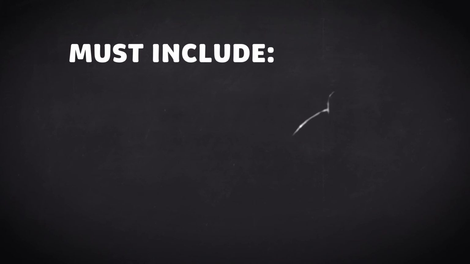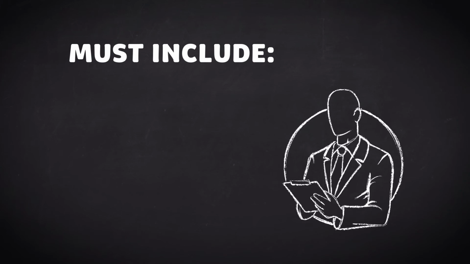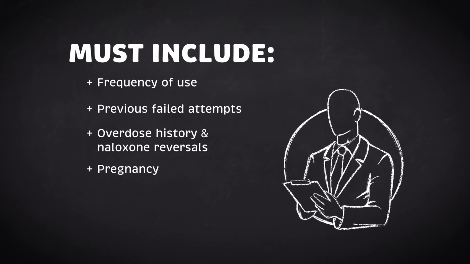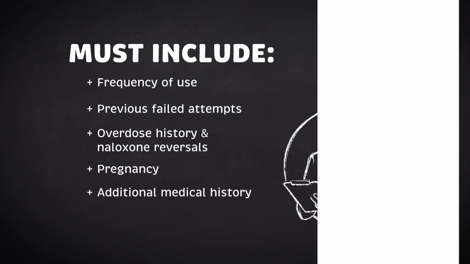Evidence to include to help it get approved would be the amount and frequency of use, failed attempts at treatment, like OBOT, overdose history, and possible reversals with Narcan, pregnancy, and any other pertinent medical information. For patients under 18, you will need to provide parental consent with your request.